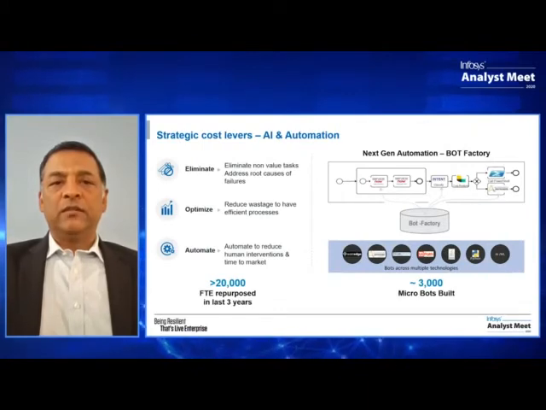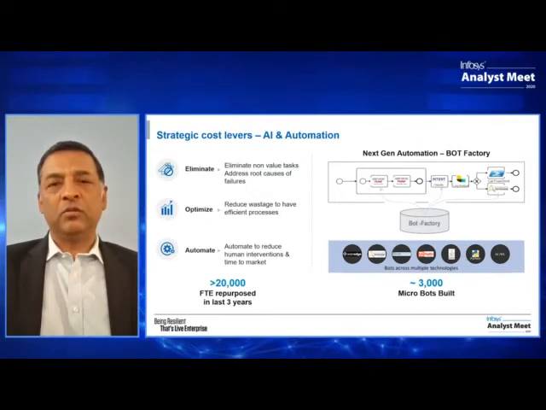So if you see our first around AI and automation, I think one thing is very clear as we look ahead. The AI element in our automation exercise becomes much, much more rigorous as well. If we need to get sustainable automation benefits, this has to be backed up by sustainable AI as well. We've talked about an example in front of you around how a typical bot has been built in our automation factory.